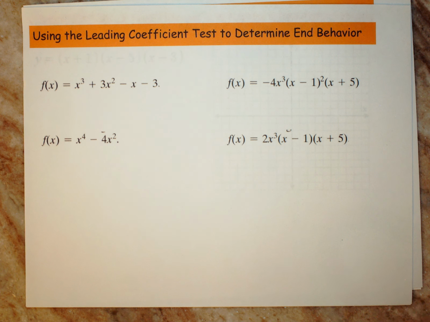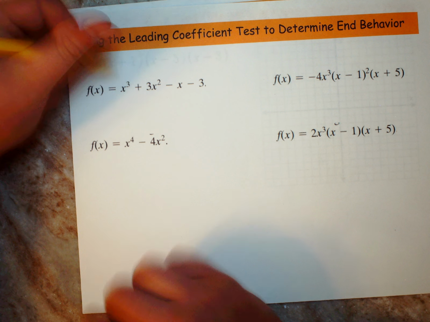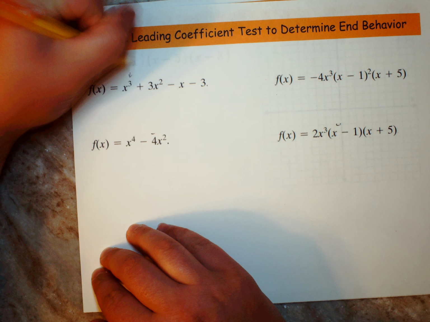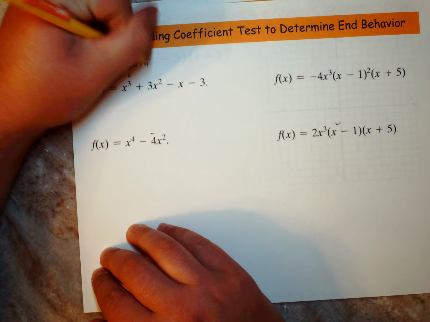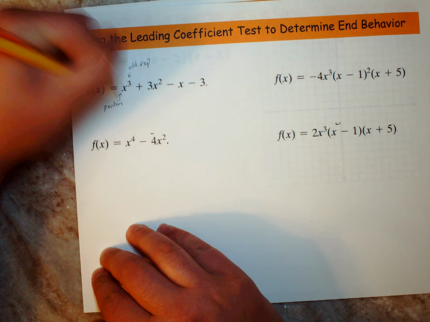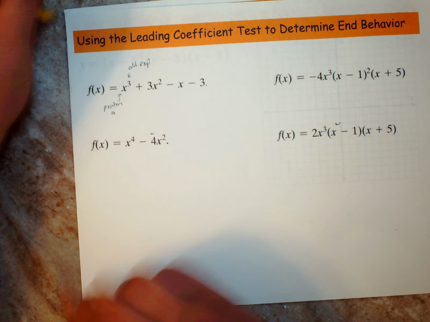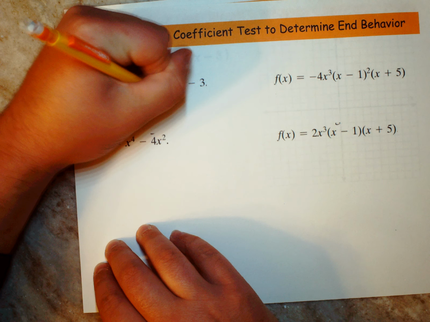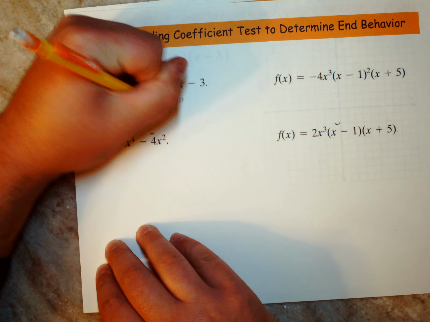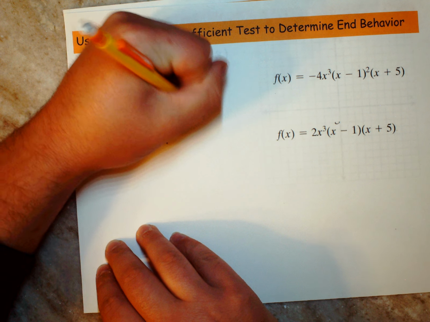All right, so we've got a couple different polynomials here. Now we're going to use the leading coefficient test to determine the end behavior. For this one here in the top left, we have an odd exponent, positive a value. So that means this is going to fall left, rise right.